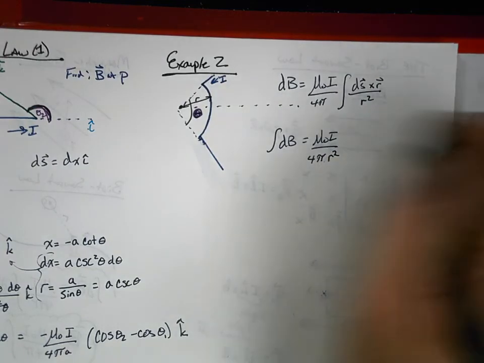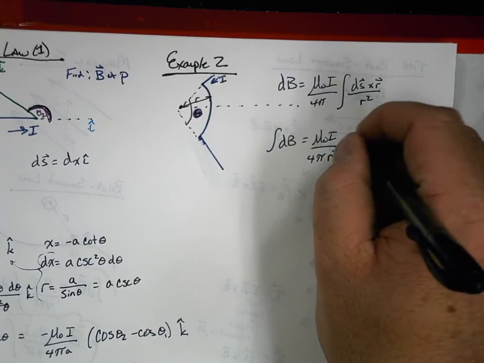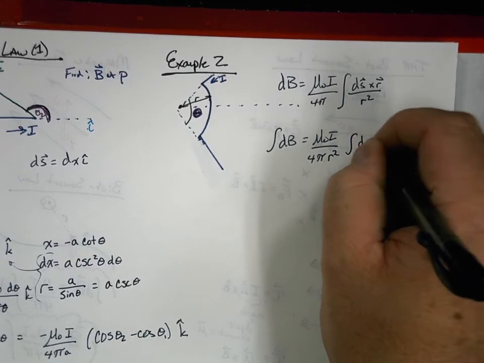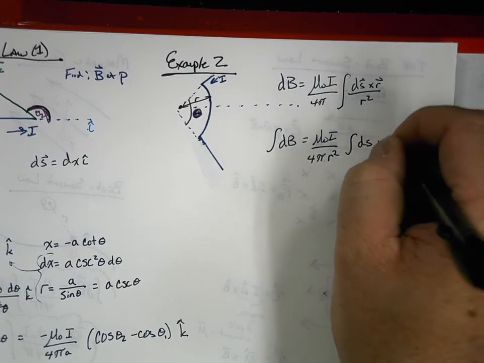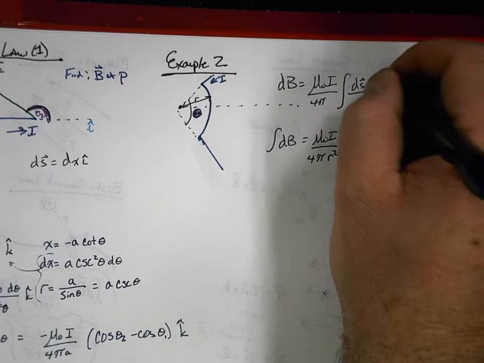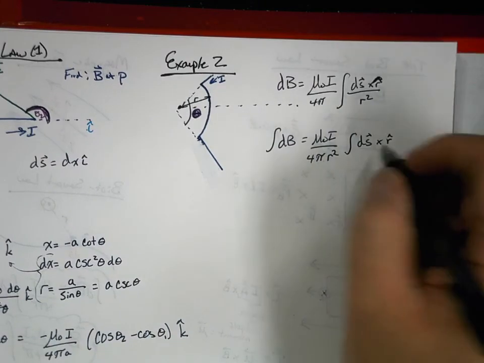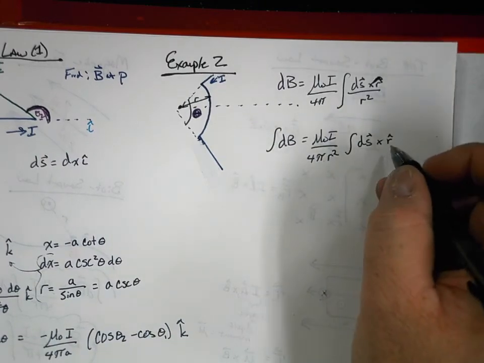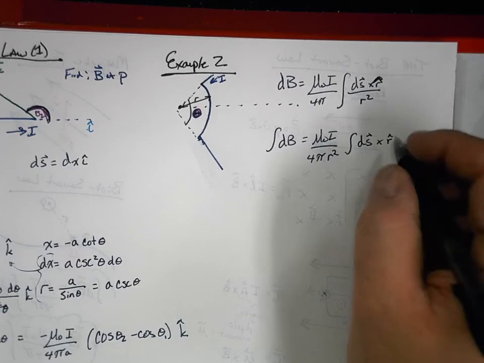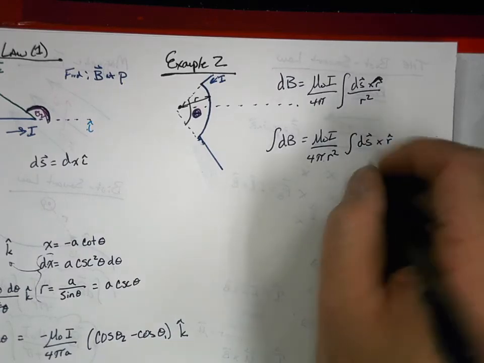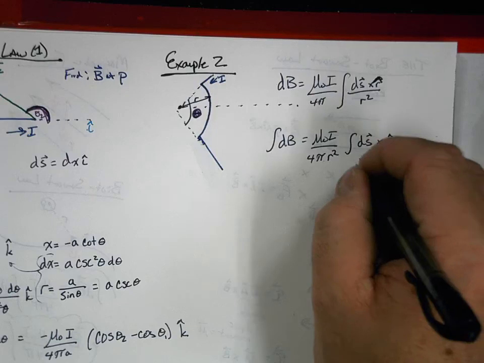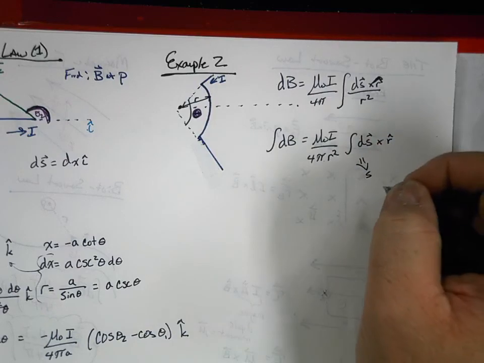And so we are left with integral of ds cross r hat. This should be a hat here, not a vector. R hat is just a direction, so it has no dimension, so it's not going to count into our integral. And so integral ds is just s.